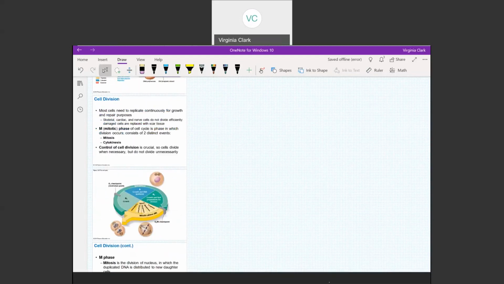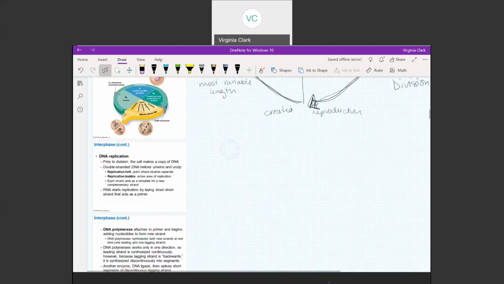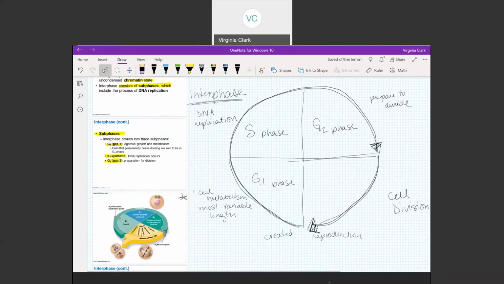But one thing that is interesting to note is with these interphase phases, there's 2 extra things that are really cool. At the end of G1, you will have something called a G1 checkpoint.